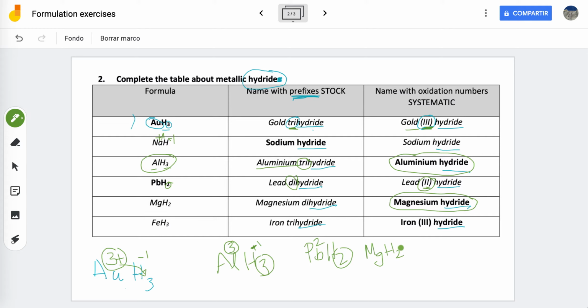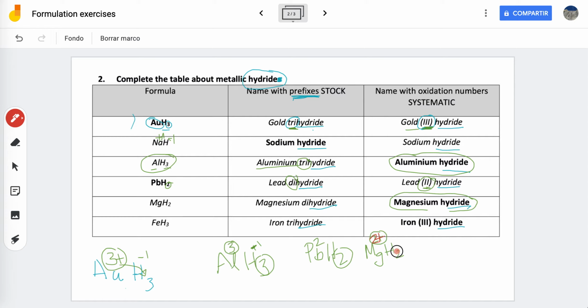Magnesium is in the second column. As you might remember, the alkaline earth metals, in the second column, have only 2 as an oxidation number. We have only this number, so we don't write 2 between brackets. We don't write that because magnesium has only one oxidation number, which is +2.